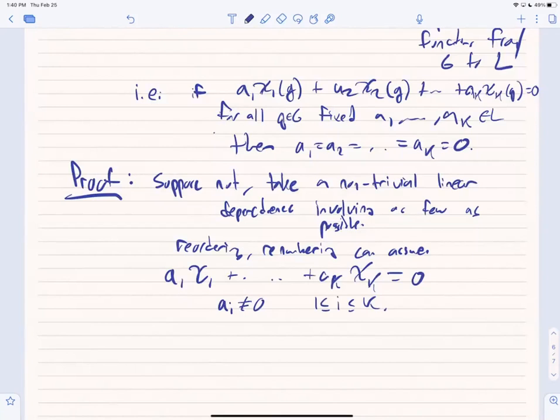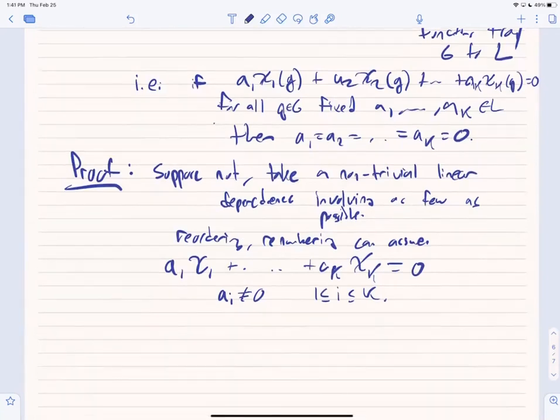So I can assume this, and there's no shorter relation. Any dependence relation has all of the Ai not equal to 0. Okay.